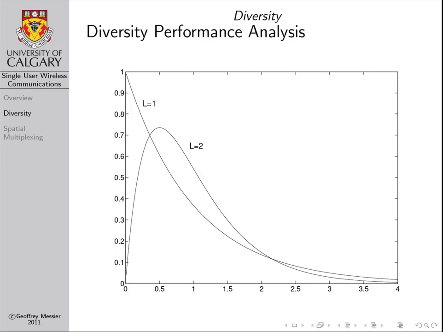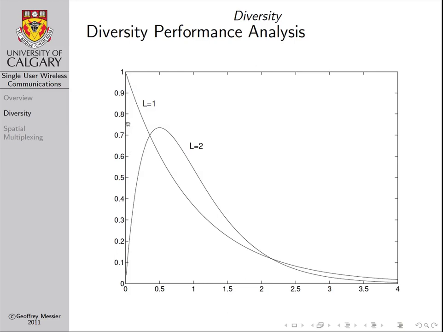So essentially, we can think of these distributions as representing the effective fading of the channel after diversity combining. So if we have no diversity, we can see that the exponential distribution has a relatively large value over that range on the x-axis.